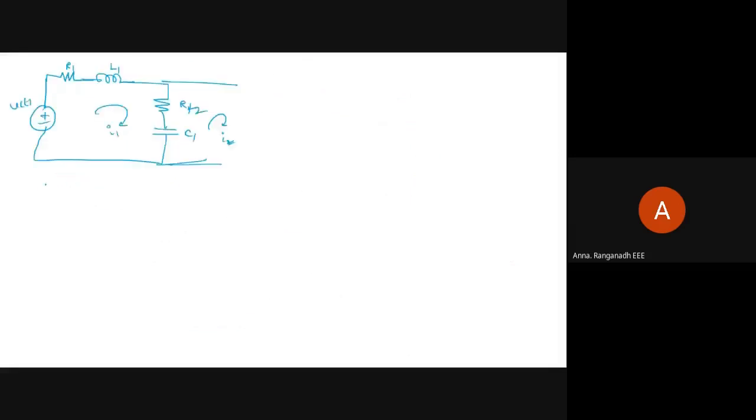Now if I apply KVL to this circuit, can anyone tell me the KVL equation? V of t minus I1 R1 minus L1 di1 by dt minus R12 into (I1 minus I2) minus 1 by C integral (I1 minus I2) equals 0.